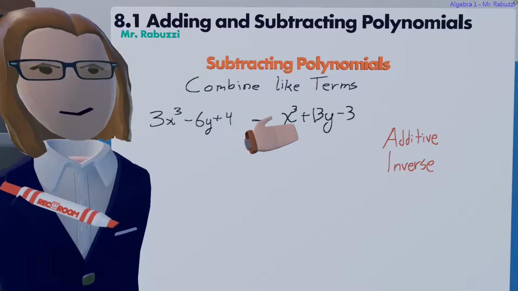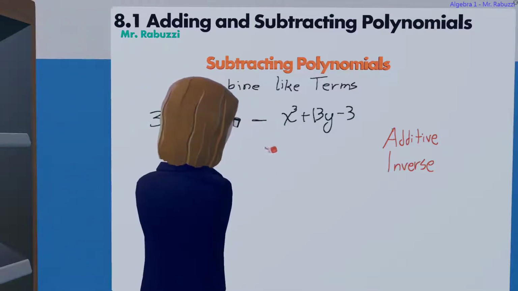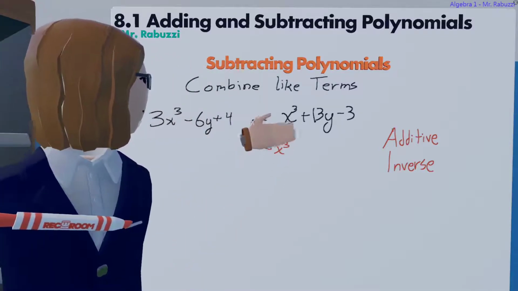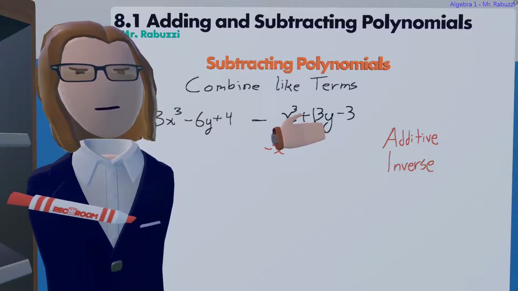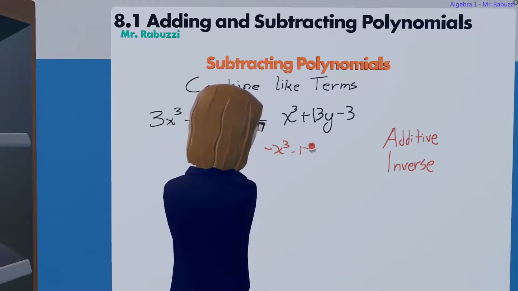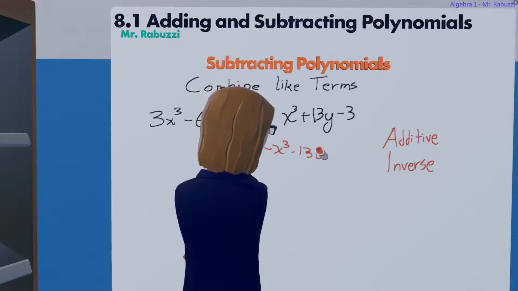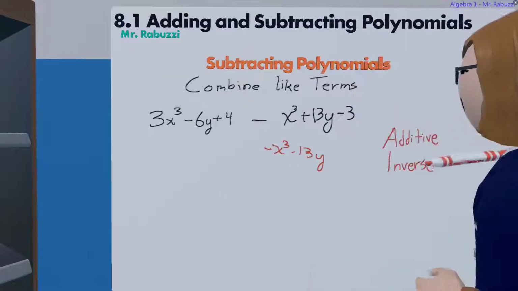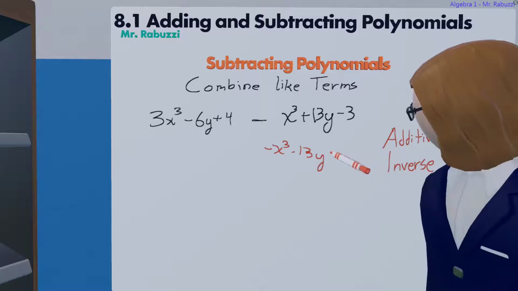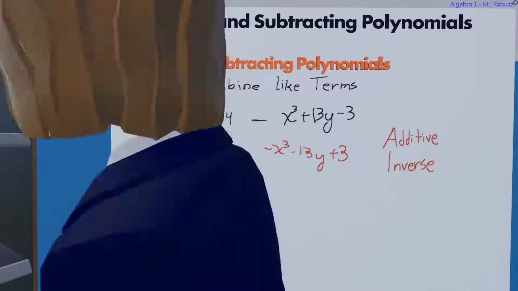So instead of x cubed, the opposite of x cubed is negative x cubed. 13y, positive 13y, the opposite is negative 13y. And then the opposite of negative 3 is positive 3. Okay, that's the additive inverse.